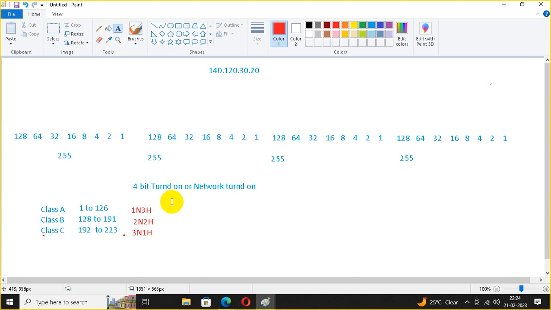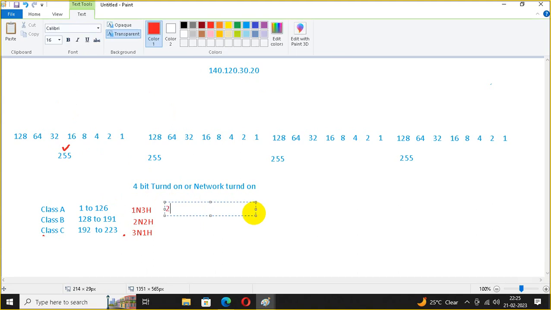Why? First of all, I say one network. Now what is the value of network? Obviously 255. Whenever you have one network, it will be 255, and the host value is always 0. So put it here.